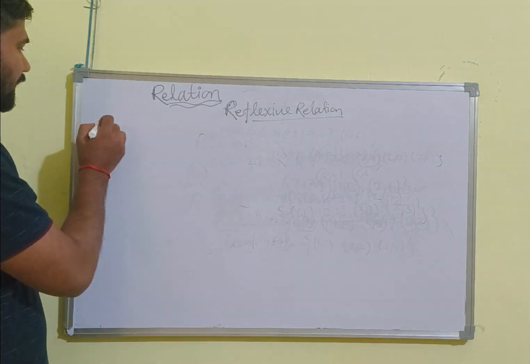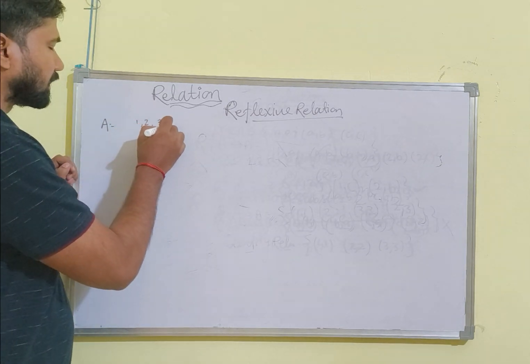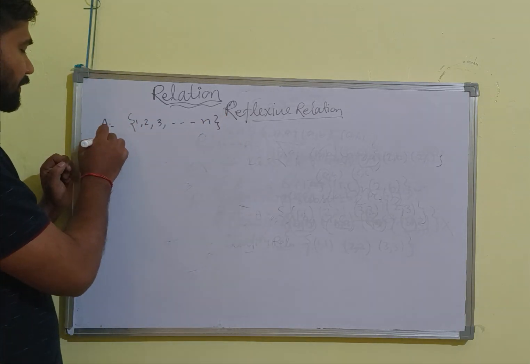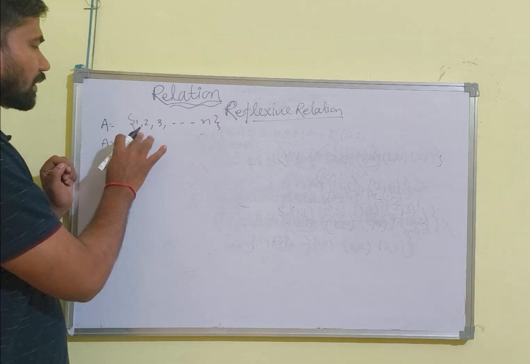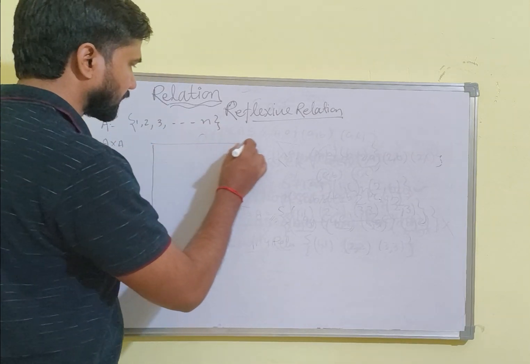Suppose A has n elements, like 1, 2, 3, 4 up to n. This is set A. So if we find A cross A, what will come? (1,1), (2,2), (3,3), (1,2) like this. So we are going to make a box like this.